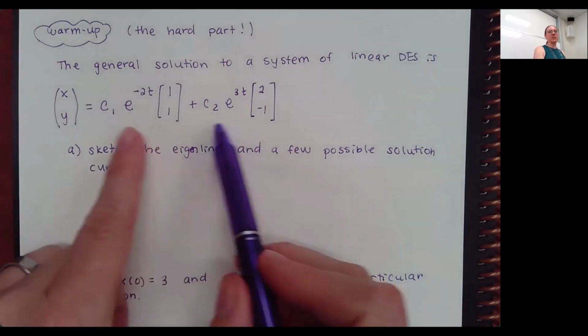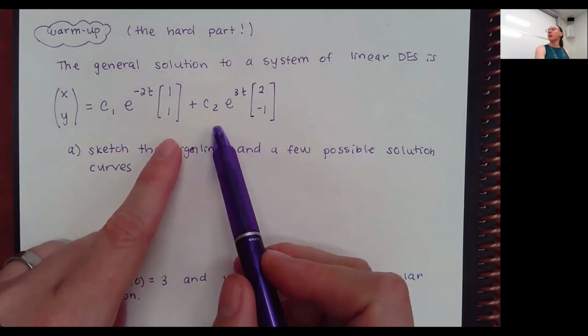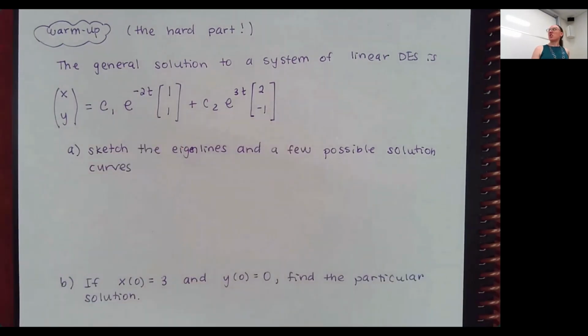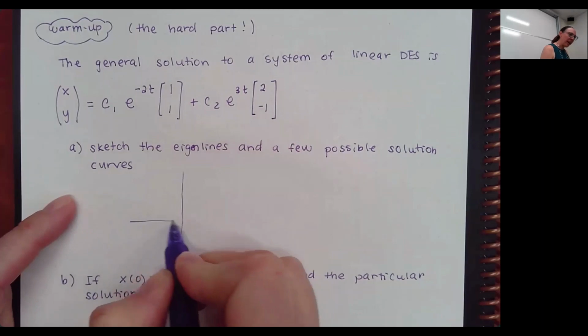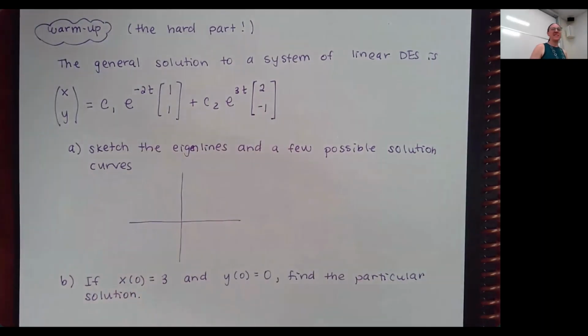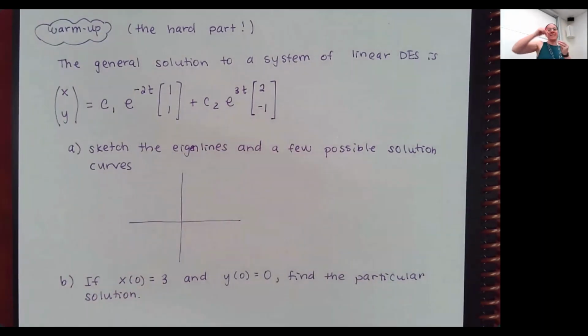I'm going to have two parts to my general solution here. So if I have to sketch the eigenlines and solution curves, we're going to start by getting ourselves a plane and sketching the eigenvectors and just extending that forever into a line.